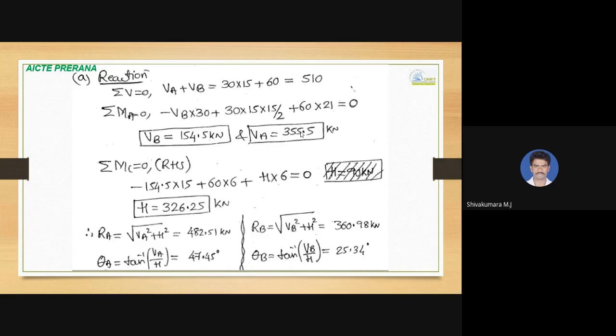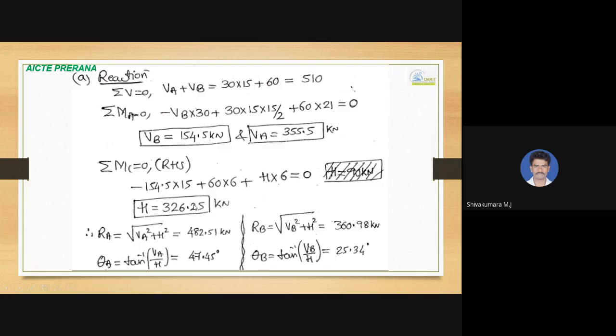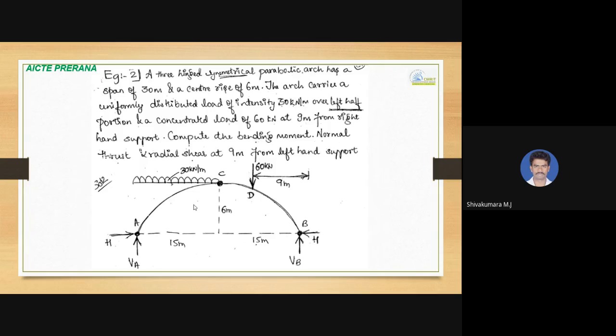But another support reaction, H, we need to determine. For this, we can take a moment about C equal to 0. This is a hinge, right? So summation of moment about C equal to 0. You can take any one side part; here the right hand side portion is taken. So H into the perpendicular distance 6, trying to rotate clockwise, positive.